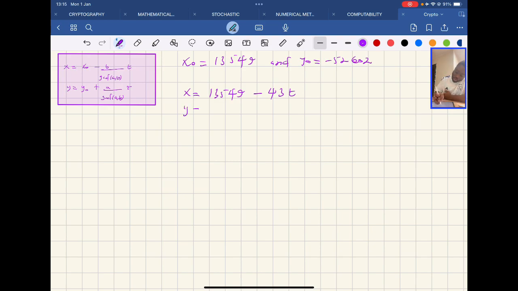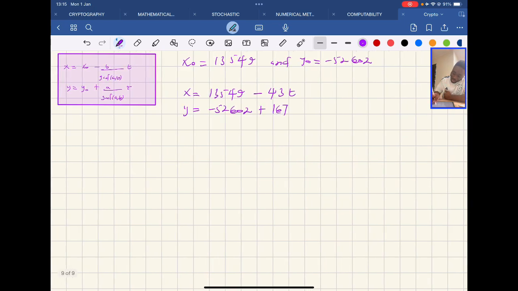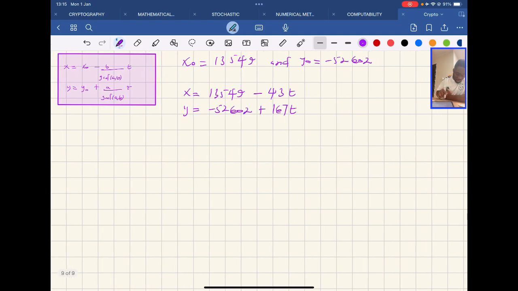Our y will be equal to y naught, which is minus 52602, plus our a, and our a was 167. So 167 over the GCD, which is 1, so it's the same thing, times t. And because we want a positive pair of integers, we have to resolve inequalities.